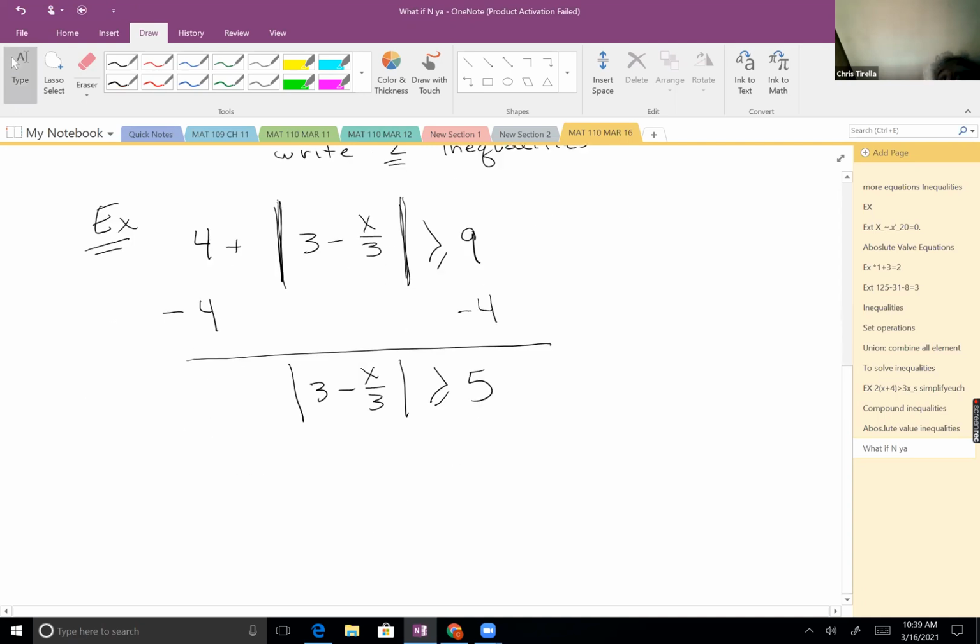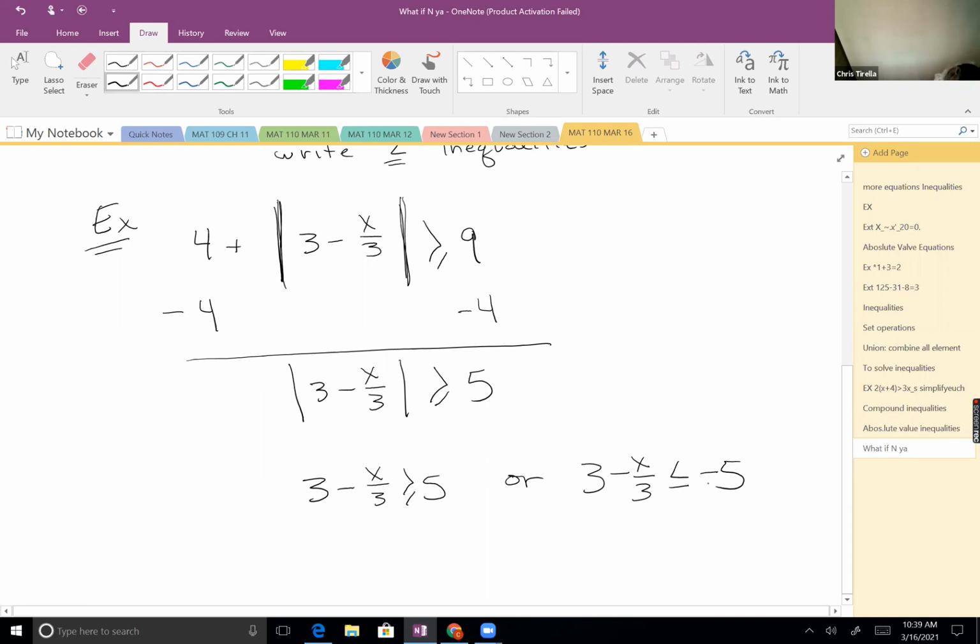Now, because it's greater than 5, I've got to create two inequalities. One would be that 3 minus x over 3 is greater than or equal to 5. The other would be that 3 minus x over 3 is less than or equal to negative 5.